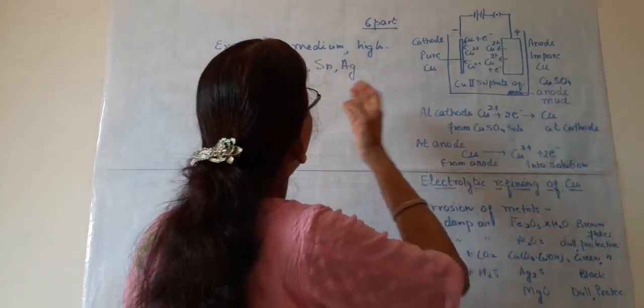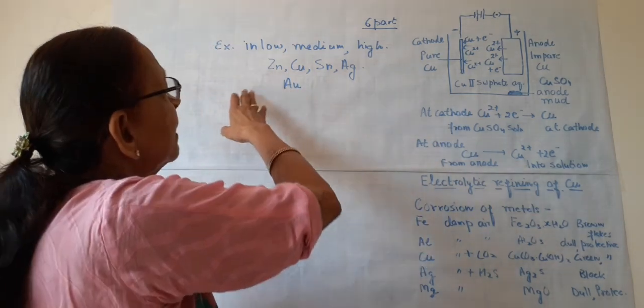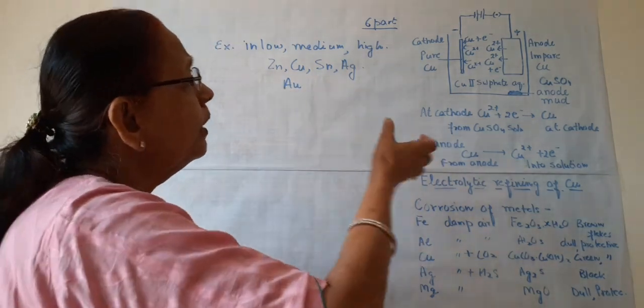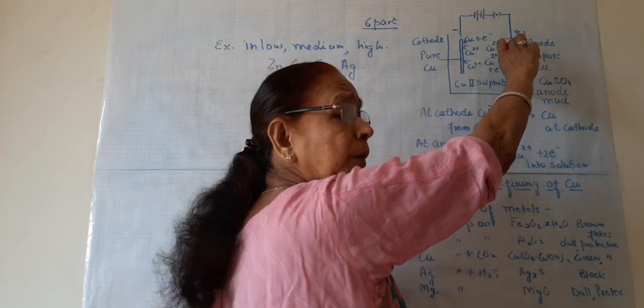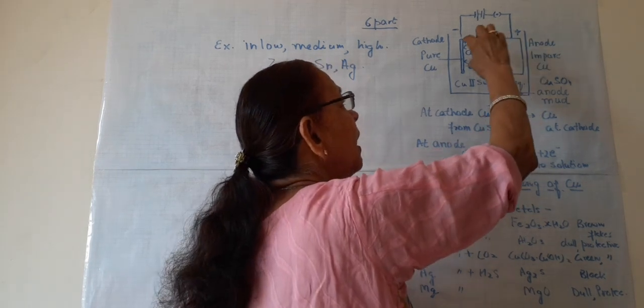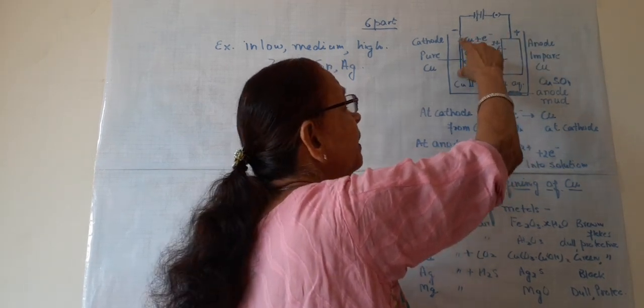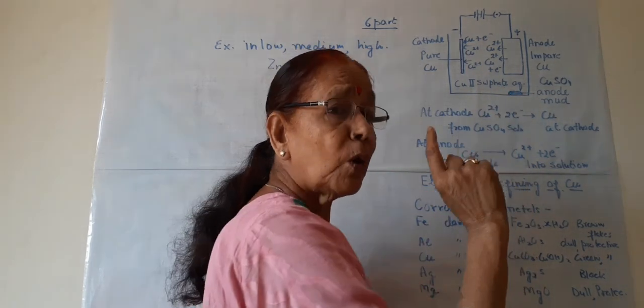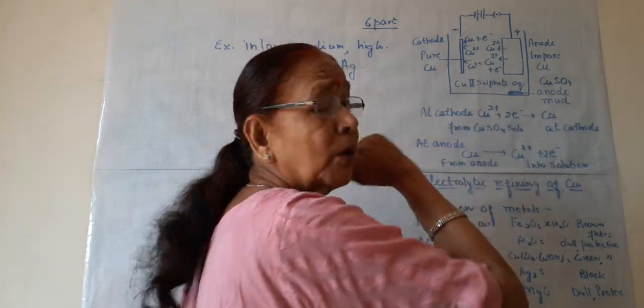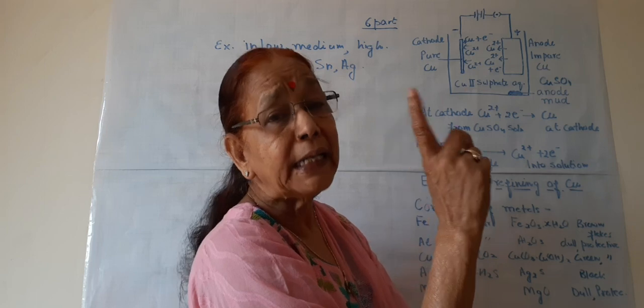If we want to take some other metals like zinc or silver or gold, then the impure block will be kept here, a pure strip will be kept here, and here the salt solution of the corresponding metal will be taken.